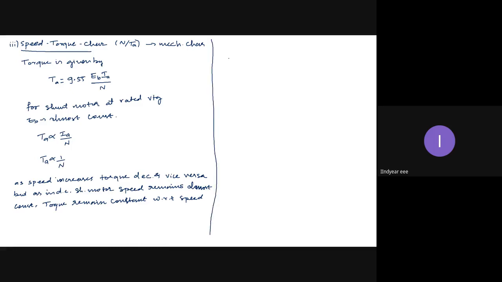So whatever the nature of graph I have for speed versus armature current, I get the same nature of graph. This is speed, this is armature current. So speed versus torque is this curve.